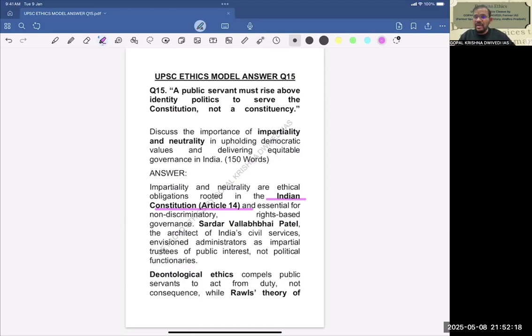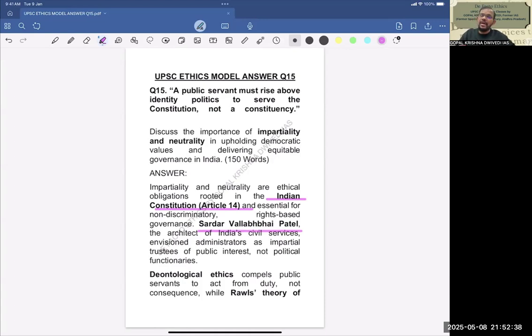Then one modern Indian leader: Sardar Vallabhbhai Patel, the architect of India's civil service, envisioned administrators as impartial trustees of public interest, not political functionaries. So we are giving the views of Sardar Vallabhbhai Patel also. This is again important for this question.